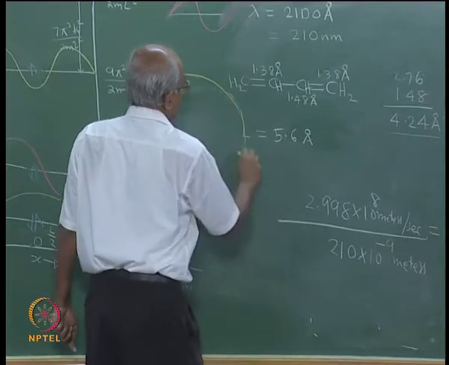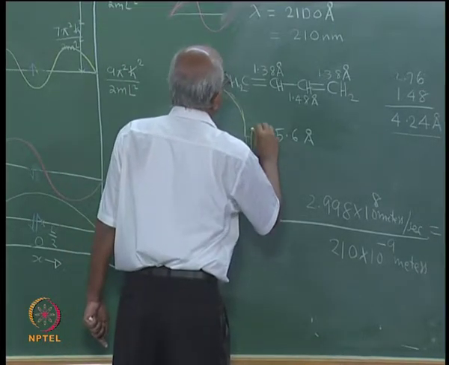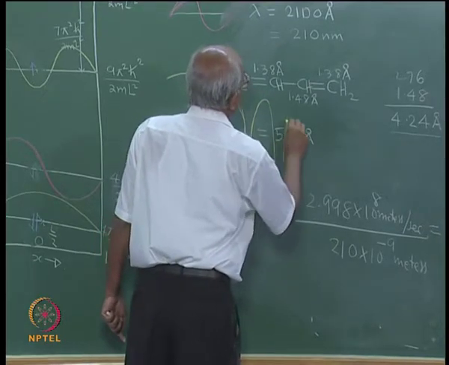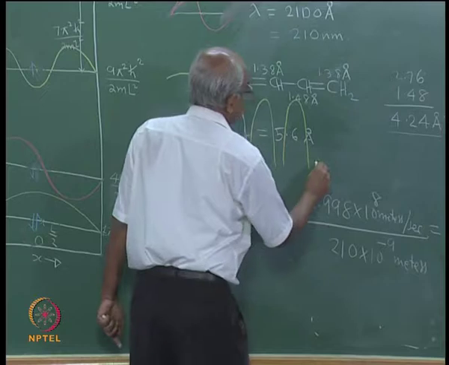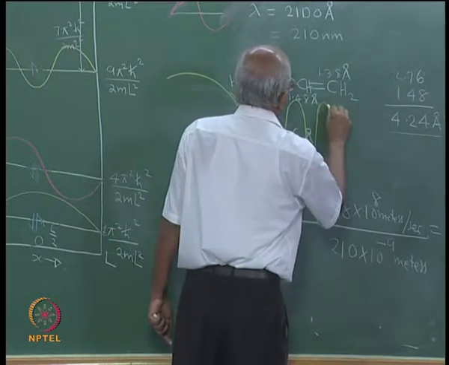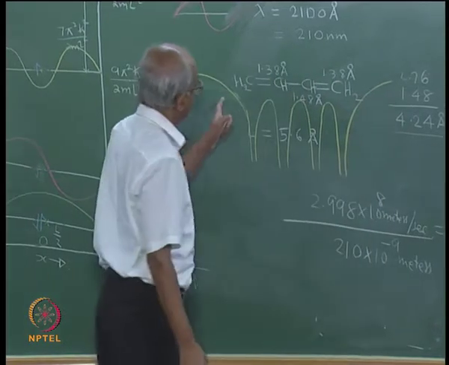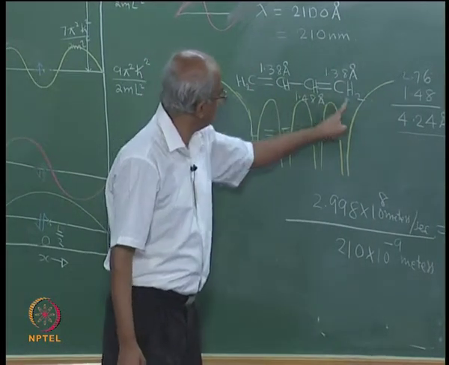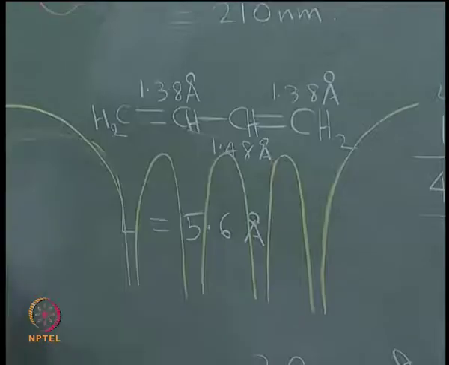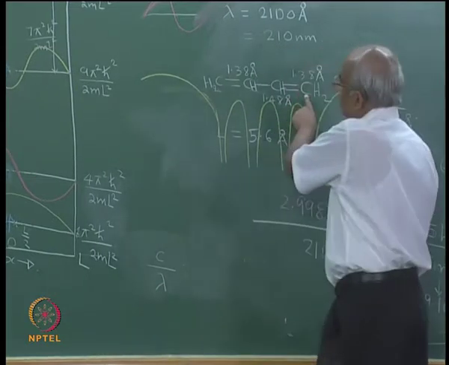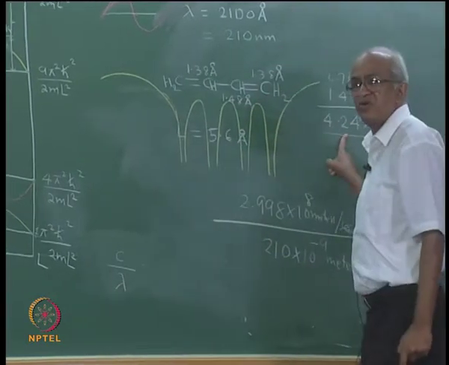I am drawing a figure that I had drawn yesterday near the molecule, so that it is clear to you. This is how the potential energy is going to change as you are going along this molecule. And the distance from this carbon to that carbon, we have calculated, is 4.24 angstroms.